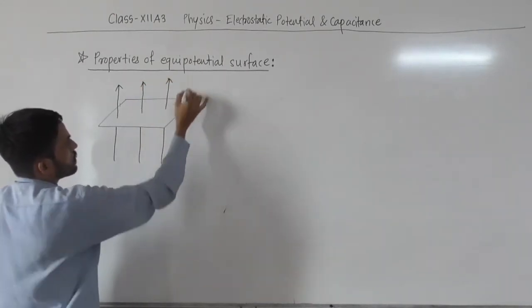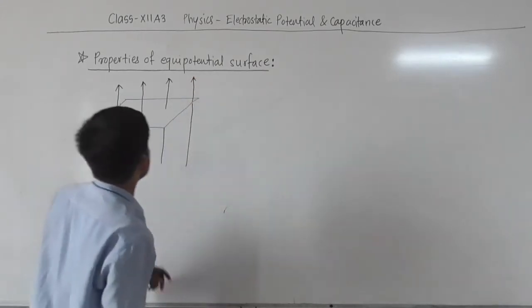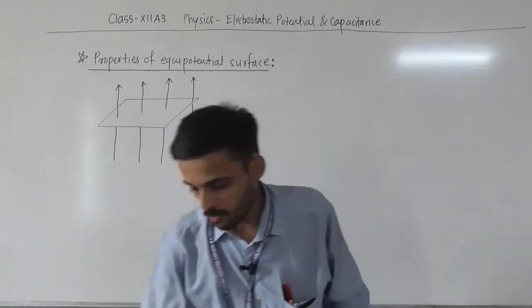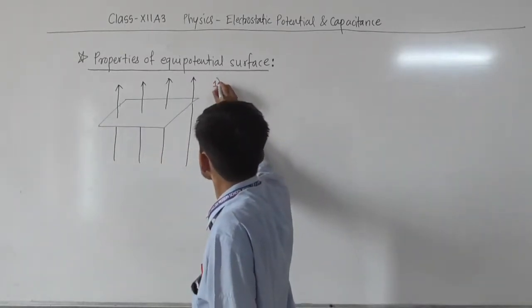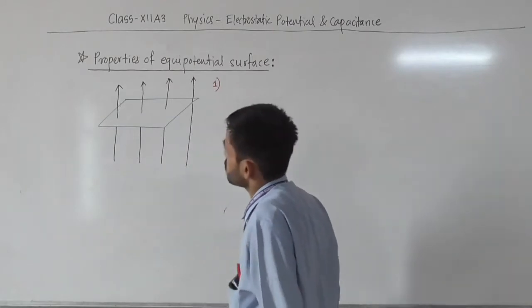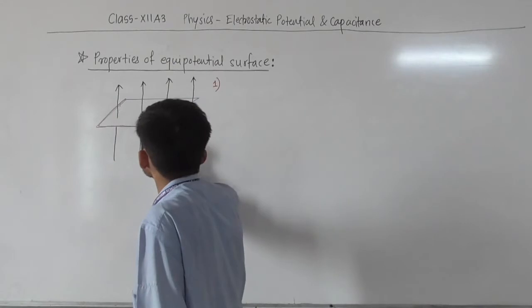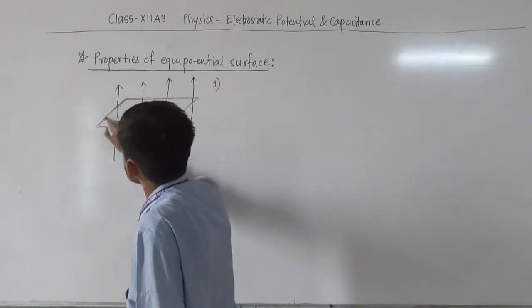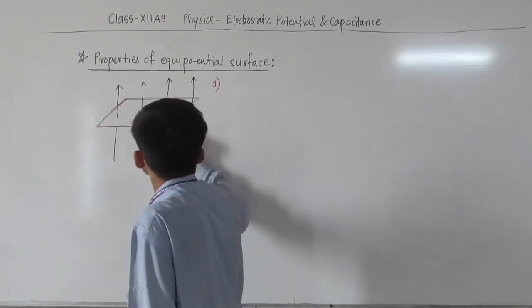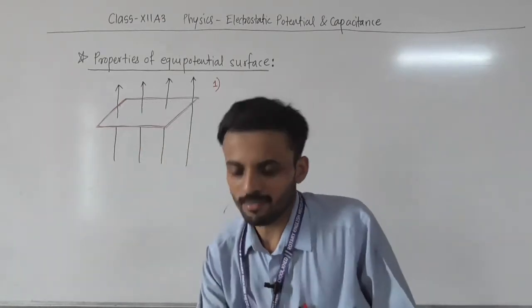So in order to give you a good idea, I have shown it like this. So for this surface, number one will be the important one, that you can write.